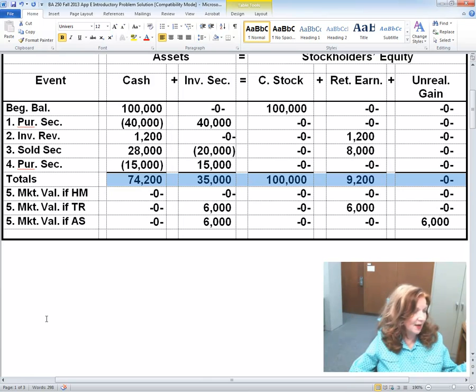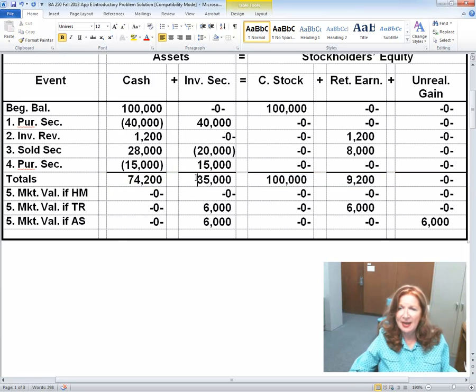Now then, number 5 says, determine the investment securities that had a fair market value of $41,000 at the end of 2013. So they had a fair market value of $41,000 and they have a book value of $35,000.